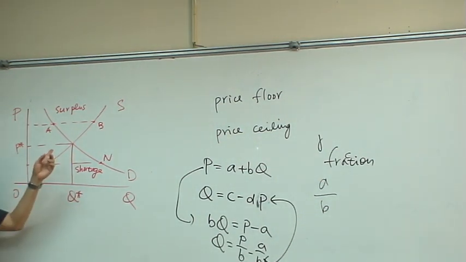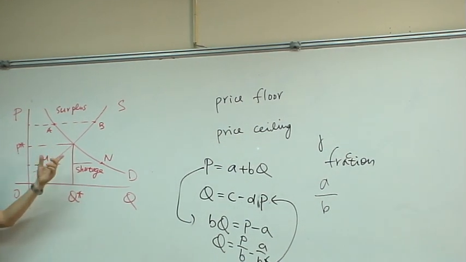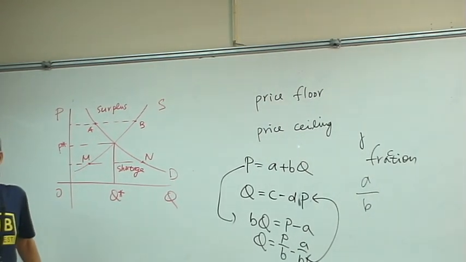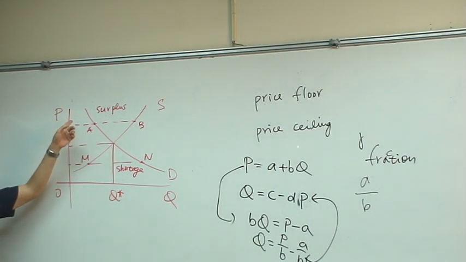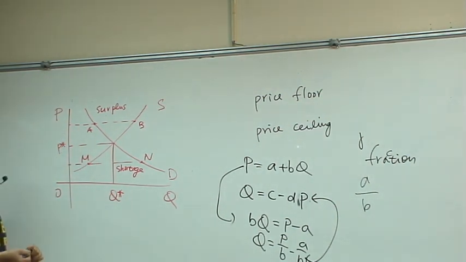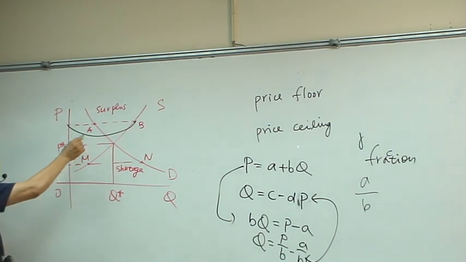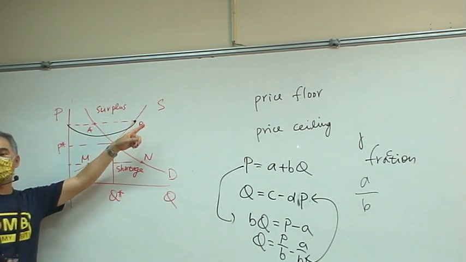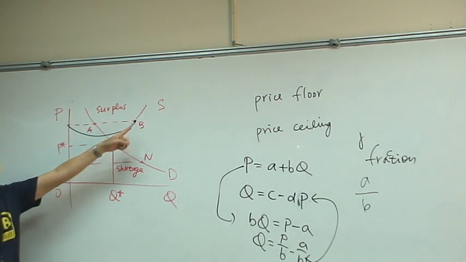So when the quantity demanded and the quantity supplied are equal, then you get equilibrium. But sometimes price may go up or go down, right? And so if price goes up a little bit, what happened? If you look at a price and you want to know how much is the quantity supplied, you check the supply curve.